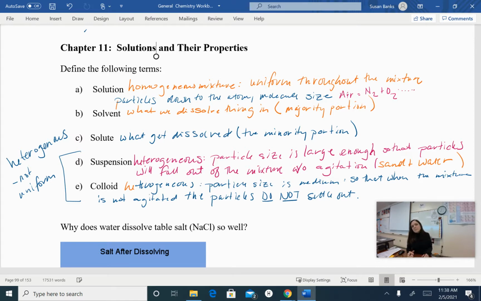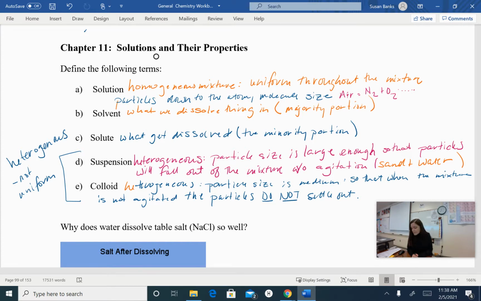Now, could you imagine if this was not uniform? You would walk through pockets of just nitrogen and you wouldn't be able to breathe. And then we'd walk through pockets of just oxygen where the explosive and combustion capabilities would be so deadly that that wouldn't be good either.